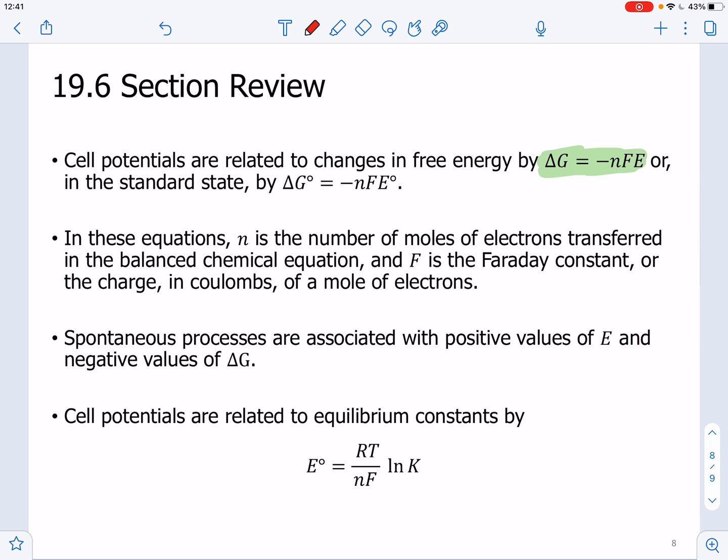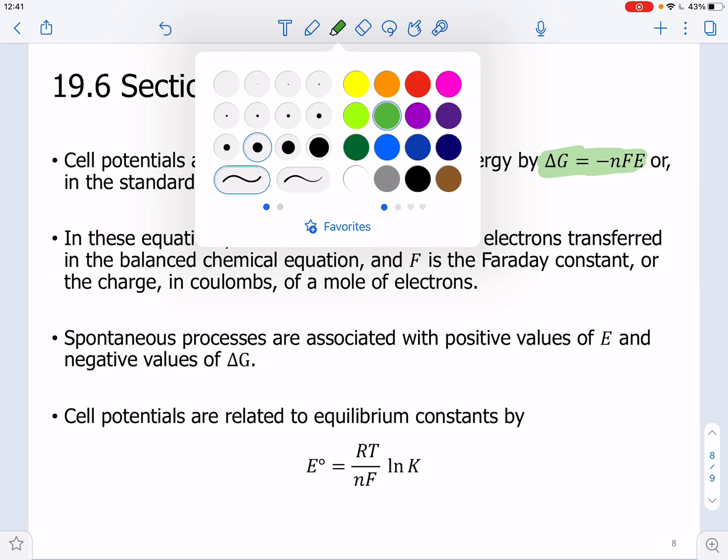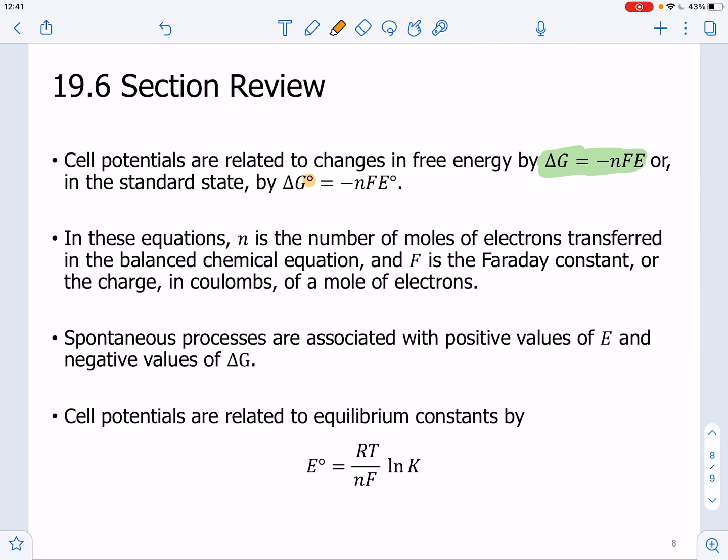If you don't use the degree symbol, this is at any condition, and if you use the degree symbol there, then it means standard conditions.